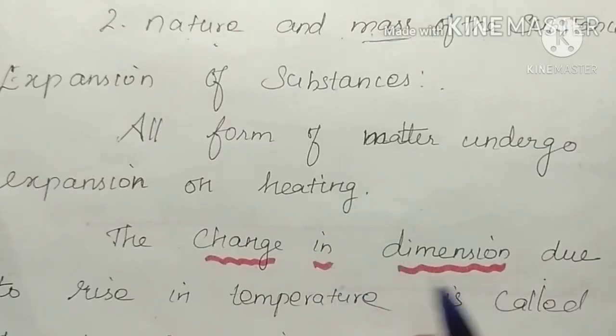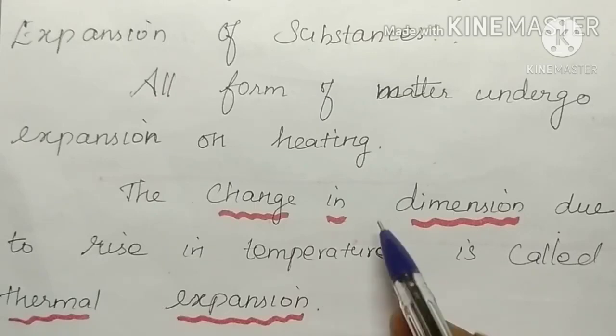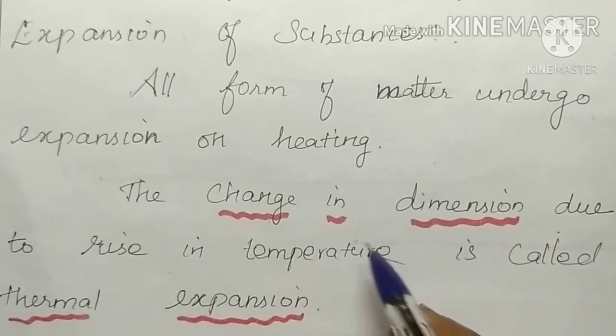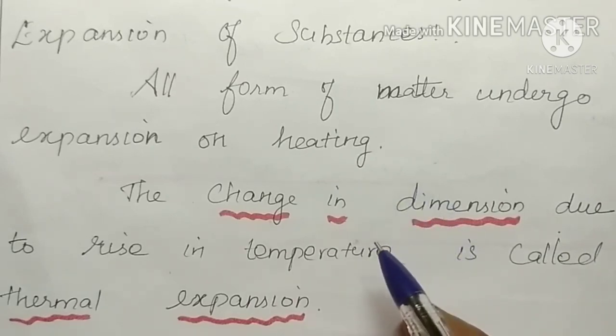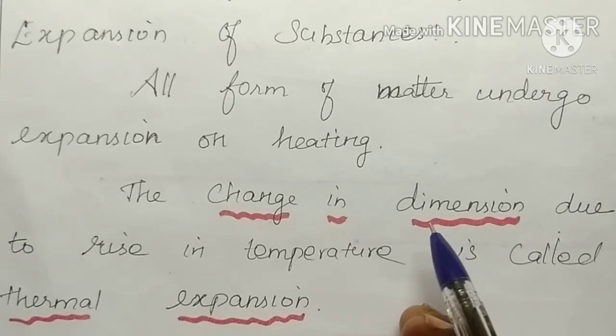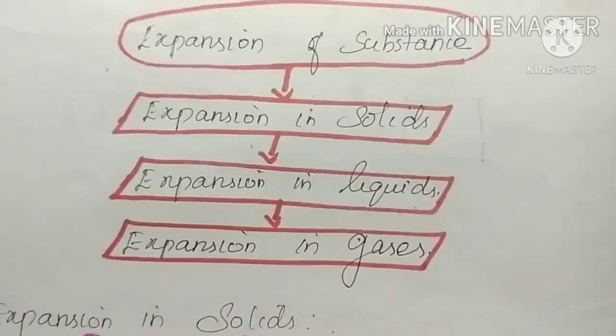The change in dimension due to rise in temperature is called thermal expansion. The dimension, or the size of the object, changes due to increase in temperature. This is called thermal expansion.